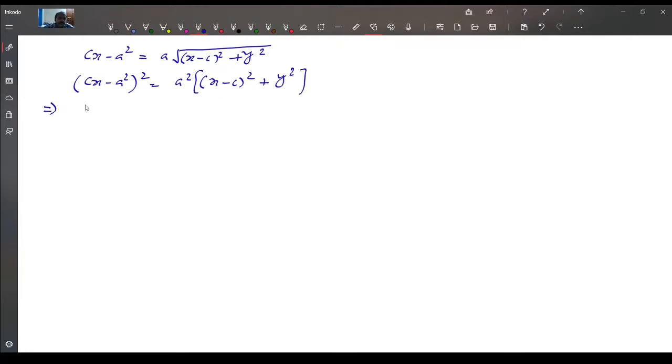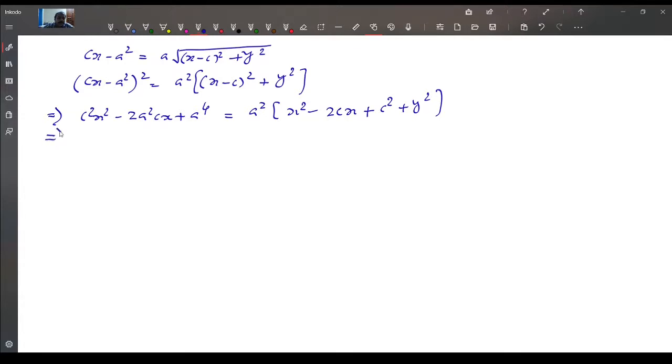This implies c square x square minus 2a square cx plus a raised to 4 is equal to a square into (x square minus 2cx plus c square plus y square).